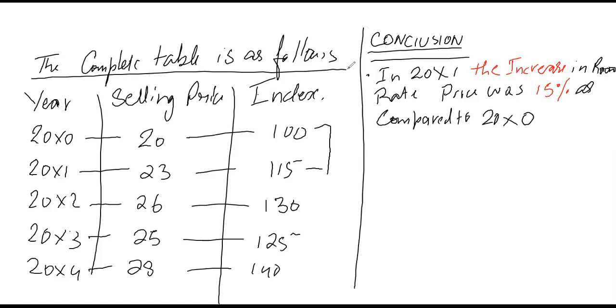So we can justify our answer that in 2001 the increase in the revenue of the hotel per room is 15% as compared to 2000.